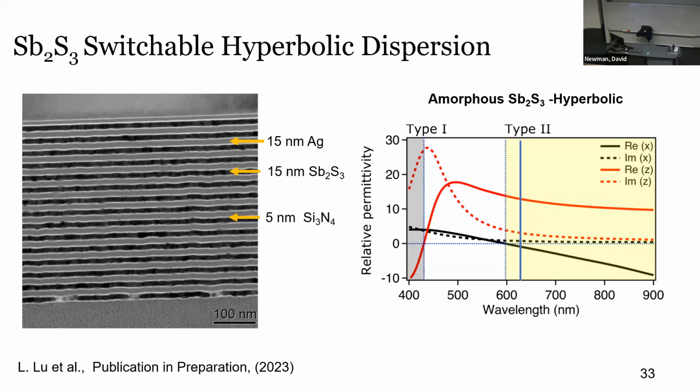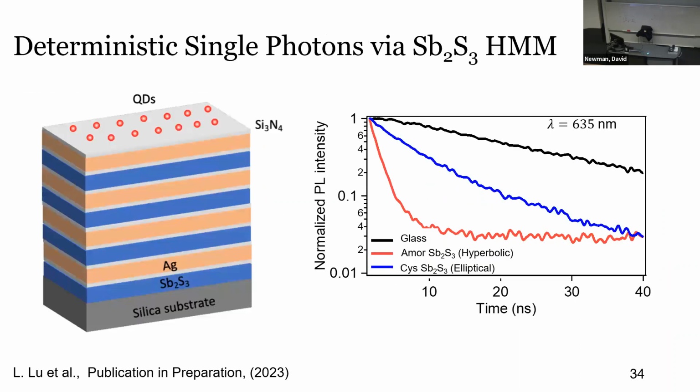And that's kind of interesting because you can start to do some interesting things. For example, we put quantum dots that fluoresce at 630 nanometers on top of this structure. And just concentrate on the blue and red lines here. In the phase where we have an elliptical dispersion relation, the fluorescent lifetime is very long for these quantum dots.